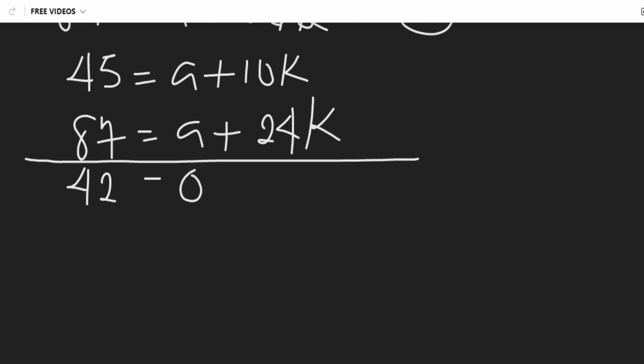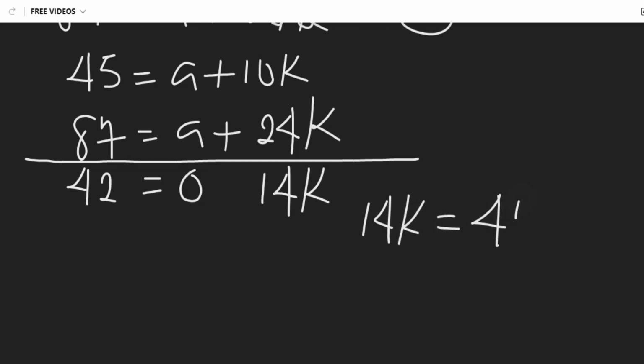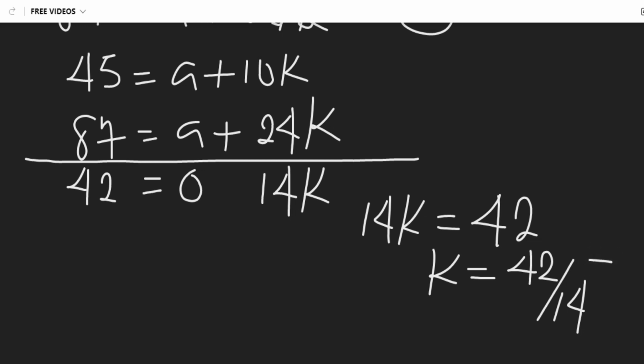And then 24 minus 10 gives us 14k. So in this aspect, we have 14k equal to 42. So our k will be equal to 42 divided by 14, which is equal to 3.